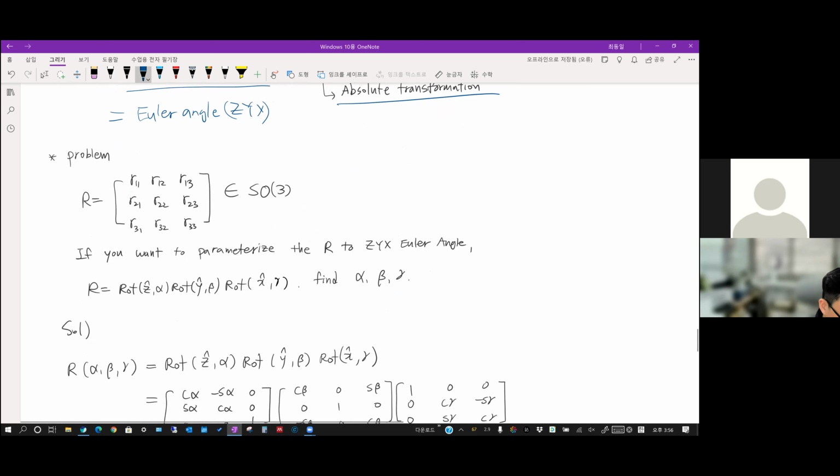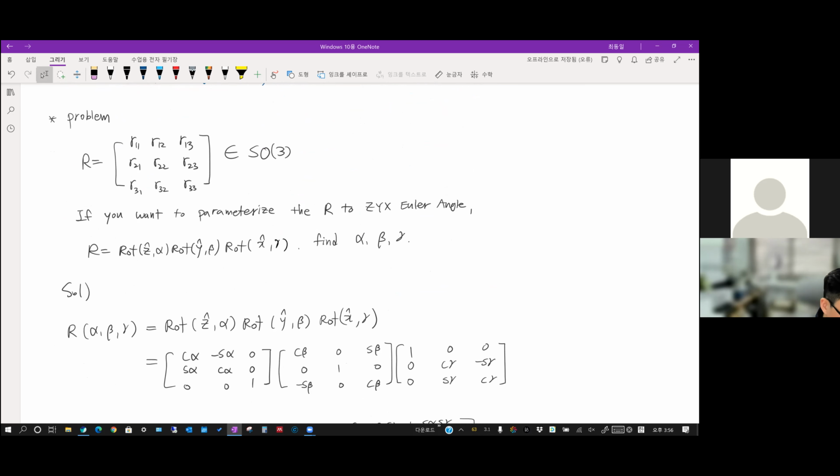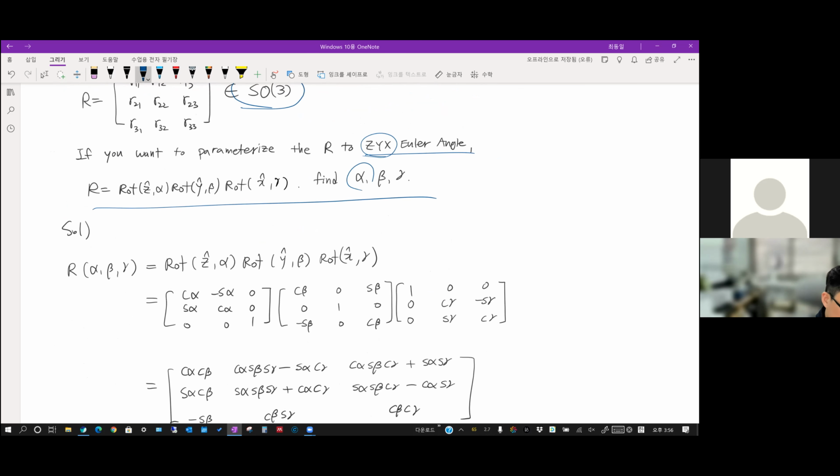So let's think about this problem. The R is SO3, so this one is a rotation matrix. If we want to parameterize the R to ZYX Euler angle, let's find out alpha, beta, gamma.